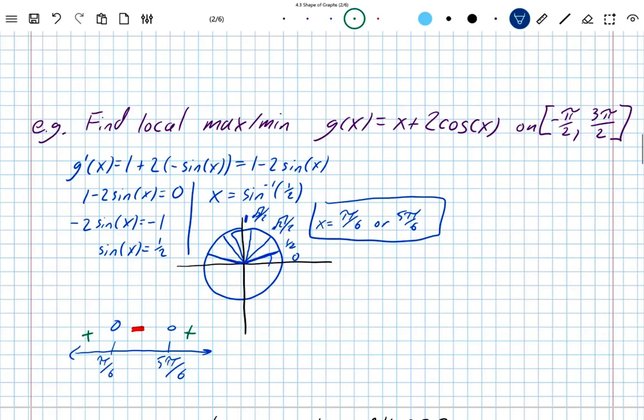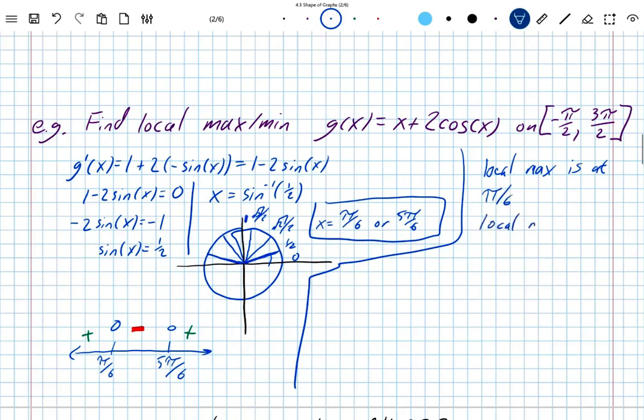All right, which means that our local max is at, well, we go from a plus to a minus at pi over 6, and a local min at 5 pi over 6. Going from a minus to a plus.